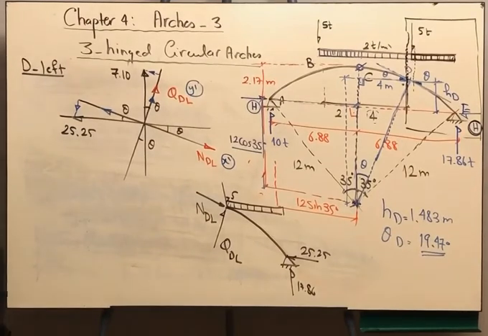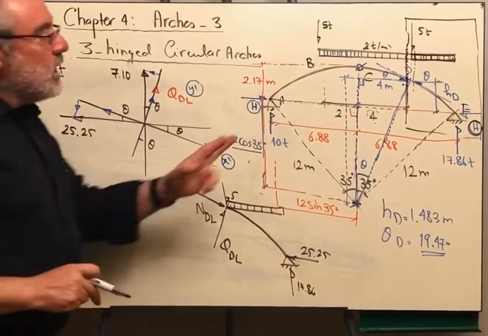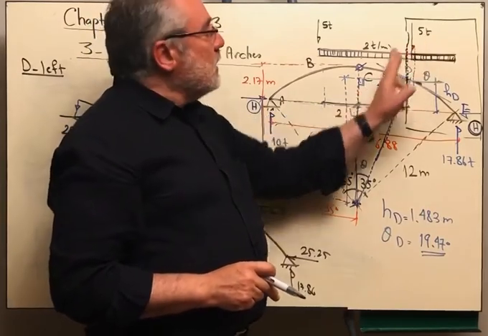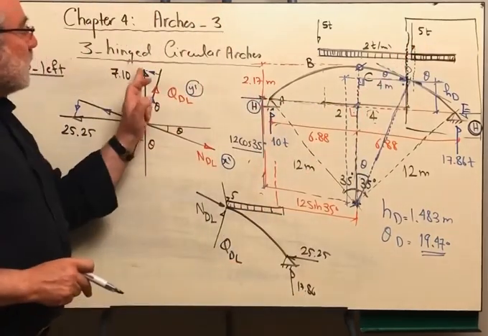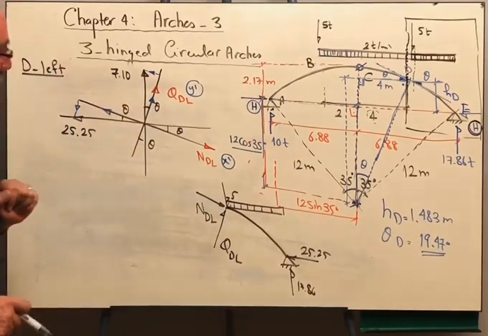If I want to determine the normal force left of D, the only difference when we took a section left of point D is that we included the 5 tons, and that's why the vertical force here became 7.1 instead of 12.1 as before.